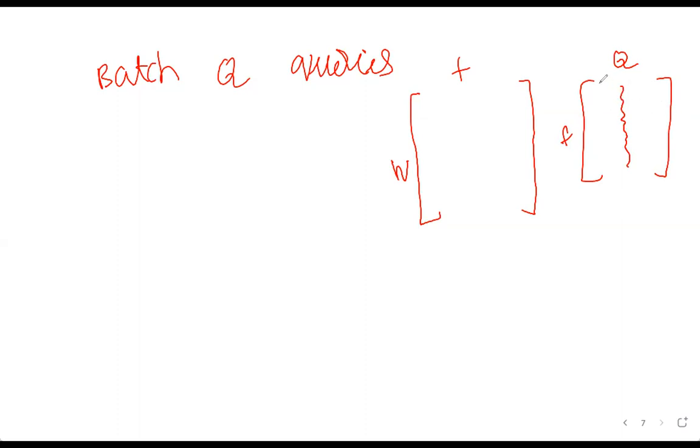The first column is a query, the second column is a query, the third column is a query. When you stream in the first row of this matrix, you take the dot product of this with the first column, second column, third column, and so forth.